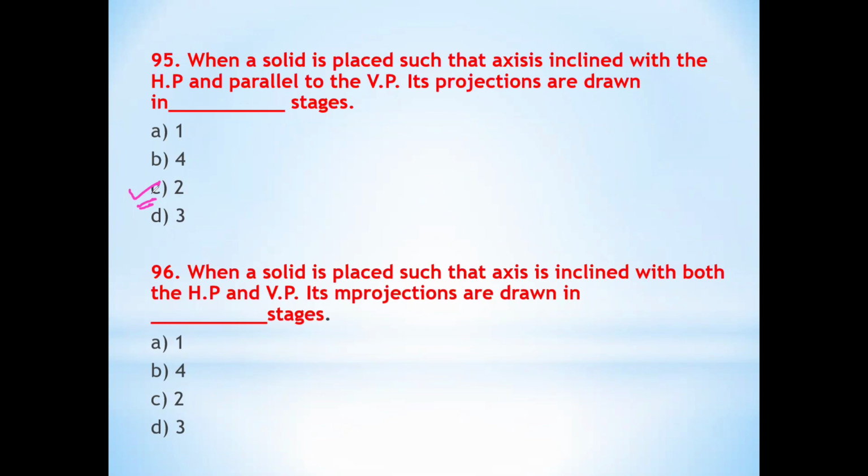If the solid is inclined with respect to both the planes, HP and VP, at that time we must complete its solution in three stages. So here option D will be correct. Its projection can be completed in three stages. Okay, we'll see the next one.